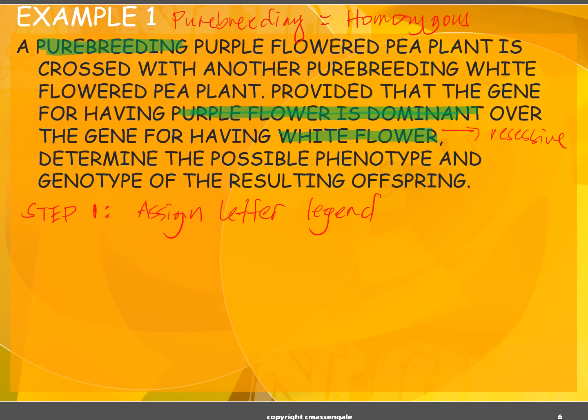For this particular problem, in step 1, we will be assigning the letter P. So this is our capital P, and we have here a small letter p. Take note of their distinction: this one is capital P, and this one is small letter p. Now, let's assign their phenotype. As stated here, purple flower is dominant, so we will assign the capital P to the purple flower.